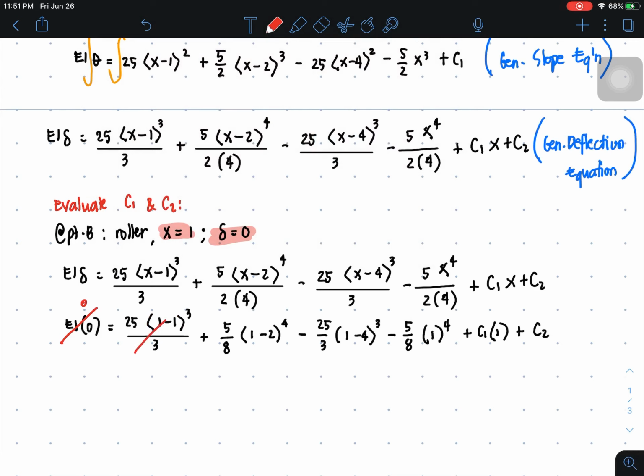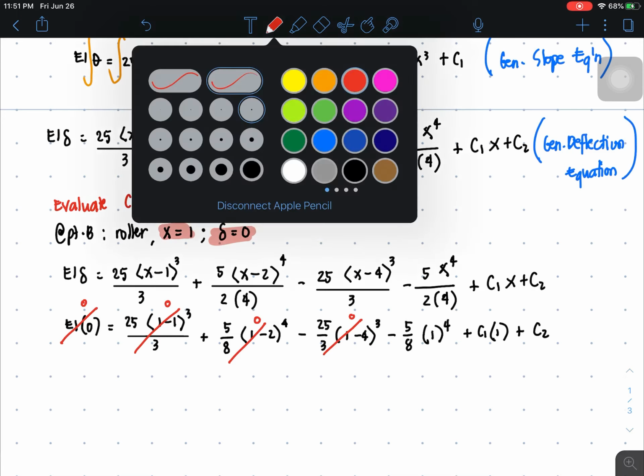So atong i-simplify, this is 0. 1 minus 1 is 0, so that term is 0. Then 1 minus 2 is negative 1. Inside the bracket is negative, therefore neglect and place that value equal to 0. And here, 1 minus 4 is negative 3. That's also 0. And that's it.